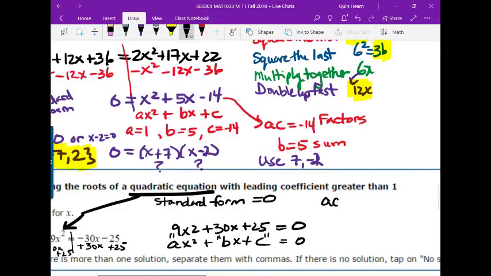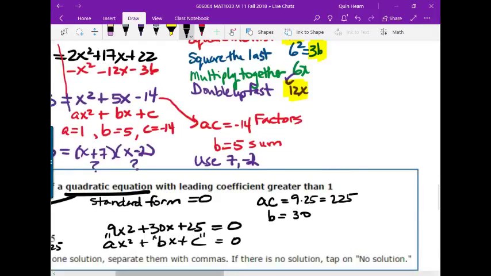So if we use the AC method, we multiply 9 times 25, which is going to give us 225. And then we're looking for factors of 225 that add up to b, and b is 30. So we want factors of 225 that sum to give us 30.